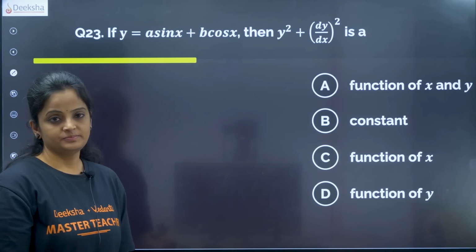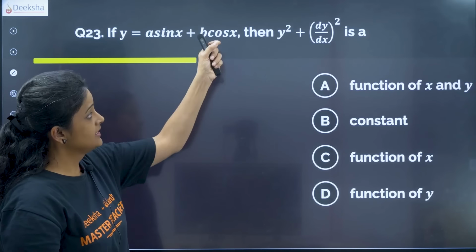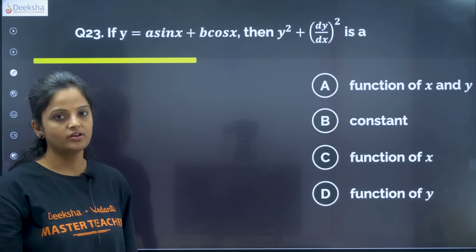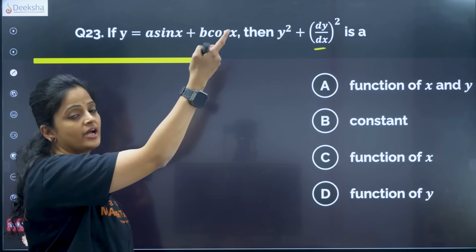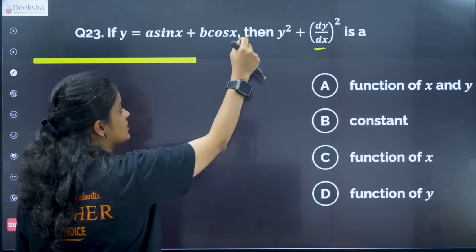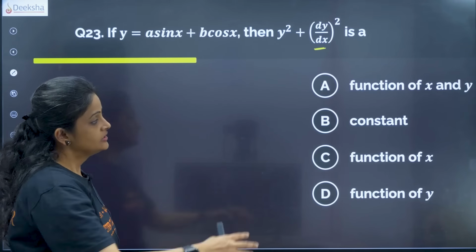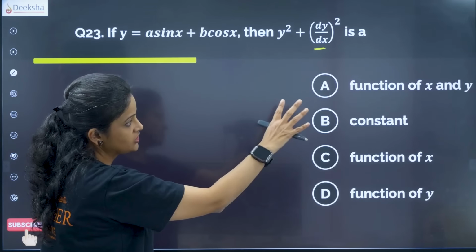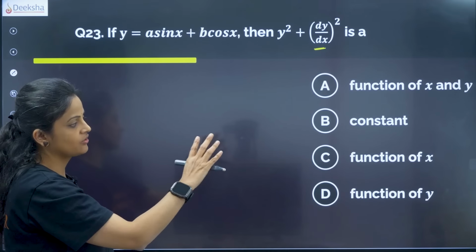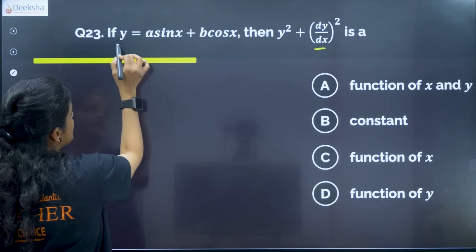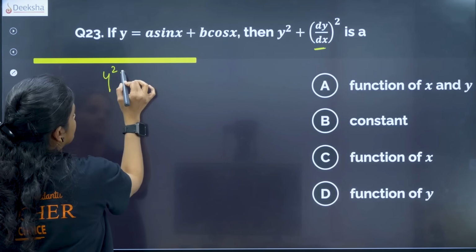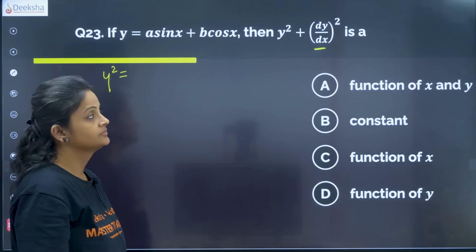Y is given, and y square plus dy by dx whole square is what they are asking you. Single differentiation, square of that, okay, and the curve square also we have to do. Check the option once. Function of x and y, constant, or function of x, or function of y is the question. So first I'll square this because we need that there.